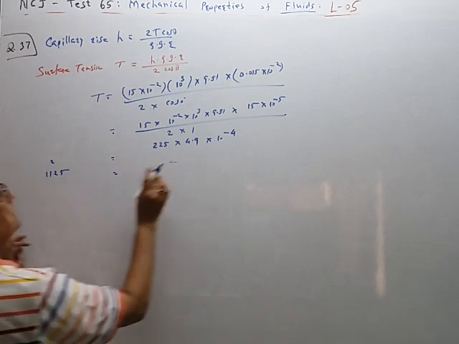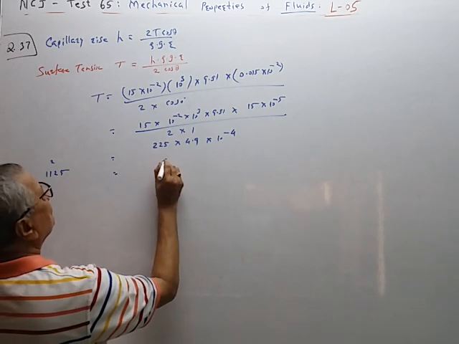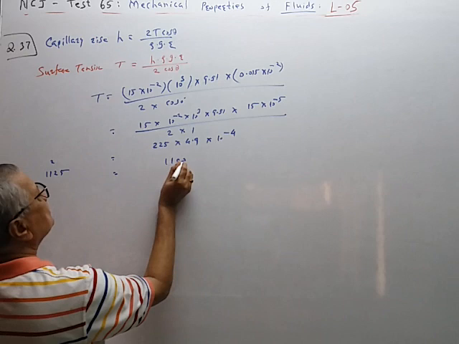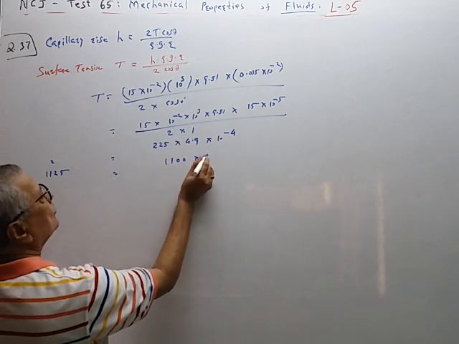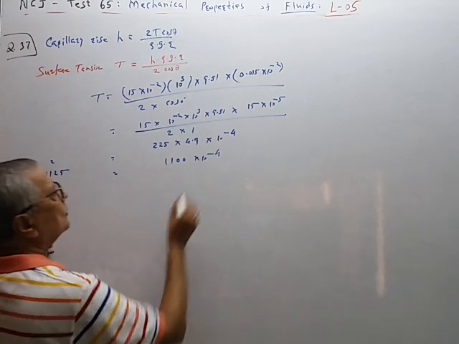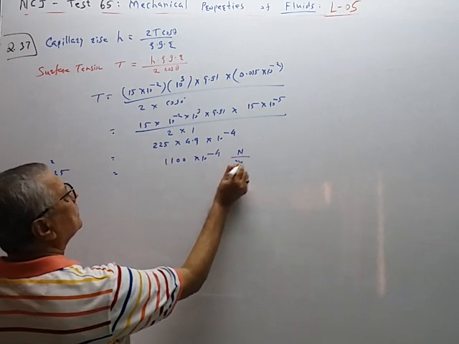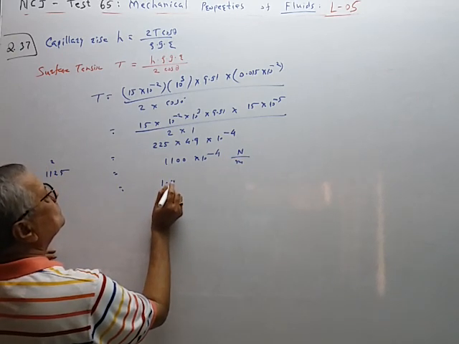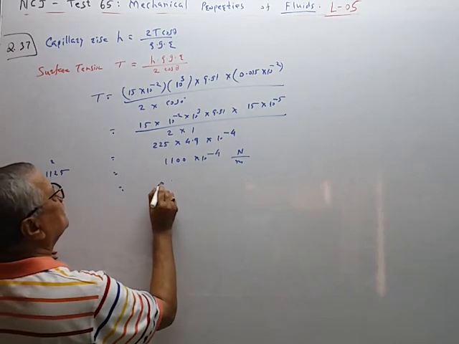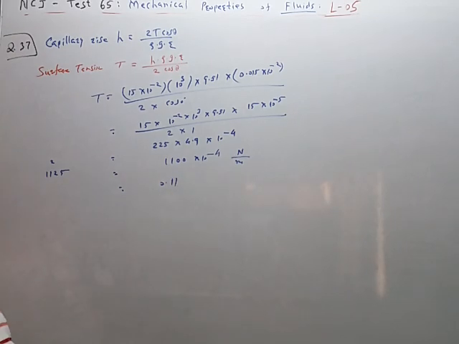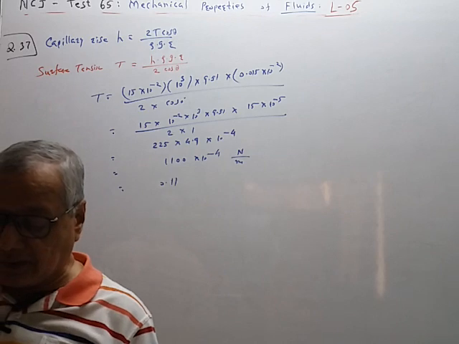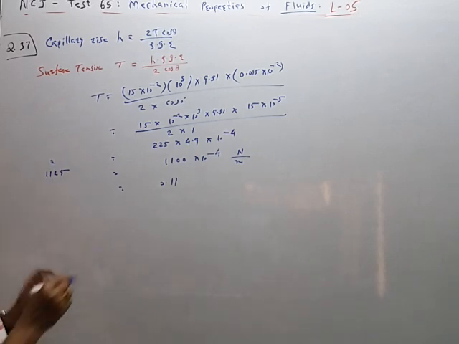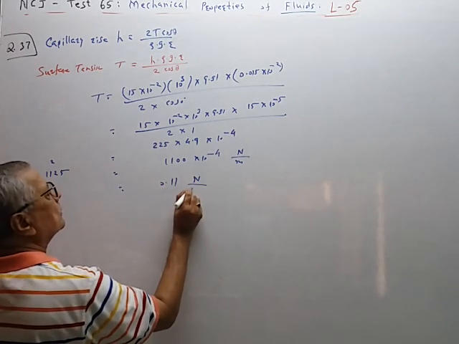So this is nearly 1100 into 10 raised to minus 4 Newton per meter. So this is equal to 1.1, sorry, 0.11. 10 raised to minus 4 multiply the answer, 0.11 Newton per meter.